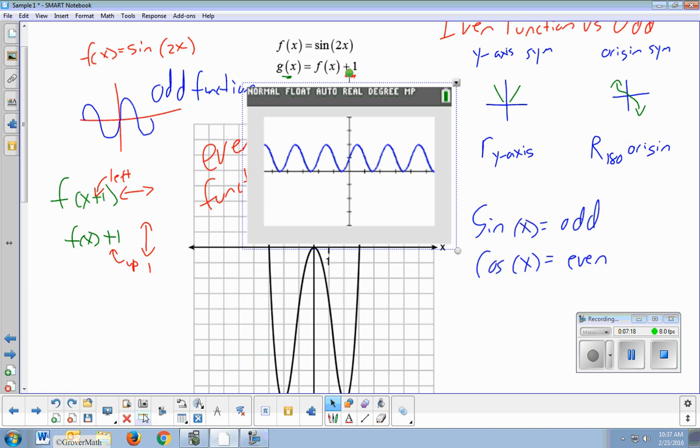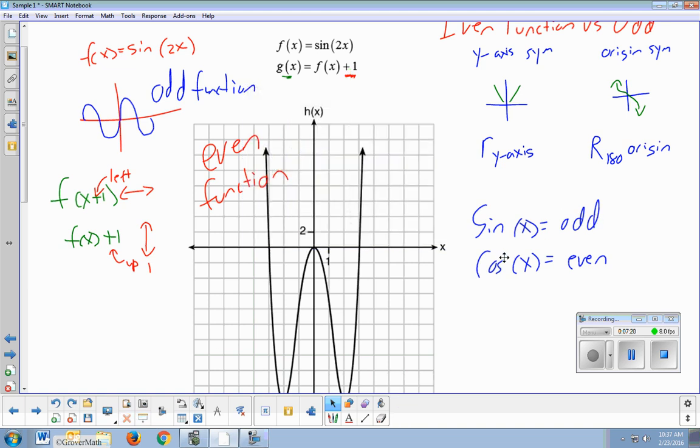So sine in its basic form is odd, and cosine in its basic form is even. But if you move them up and down or side to side, that can change things. Moving them side to side can change from odd to even, or it could just make it neither. But moving them up and down will definitely make them neither. So this is a neither.